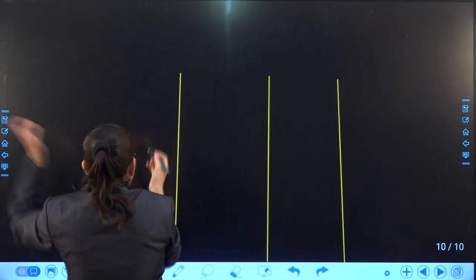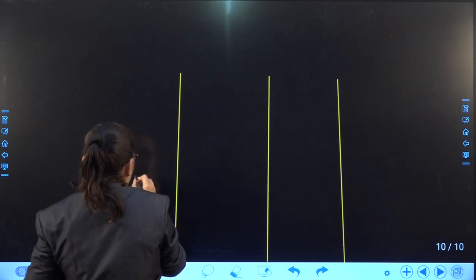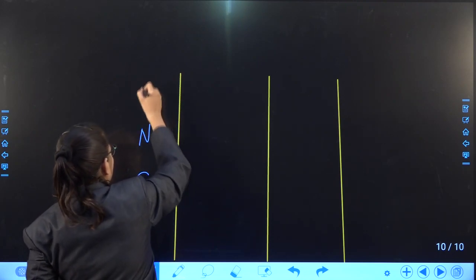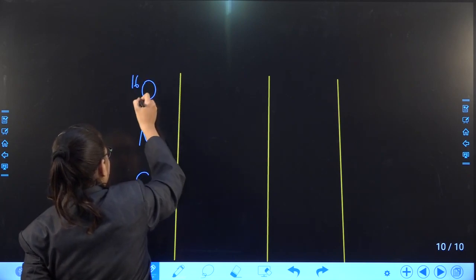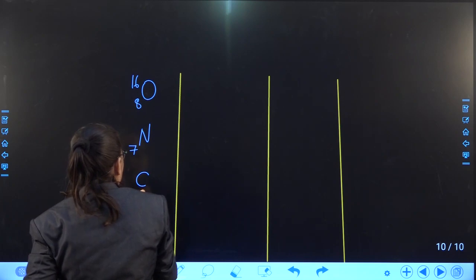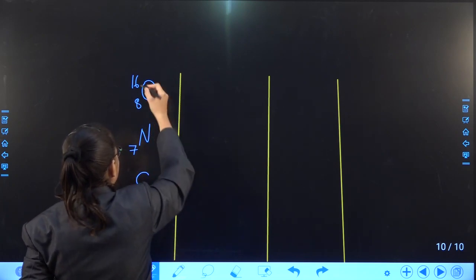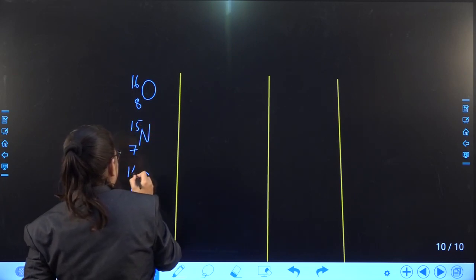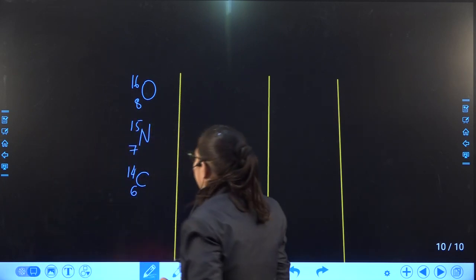Let us take the example. We will take carbon, nitrogen and oxygen. We are taking 3 examples.